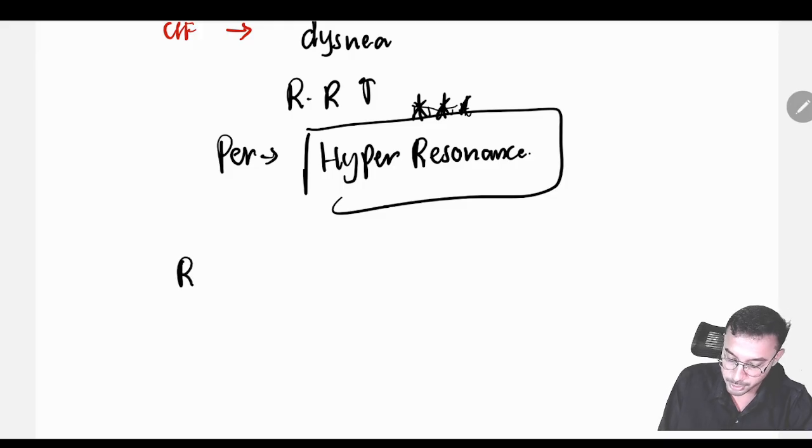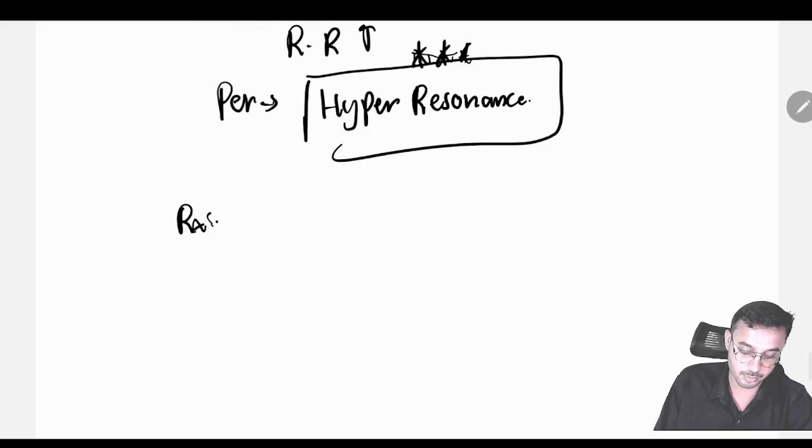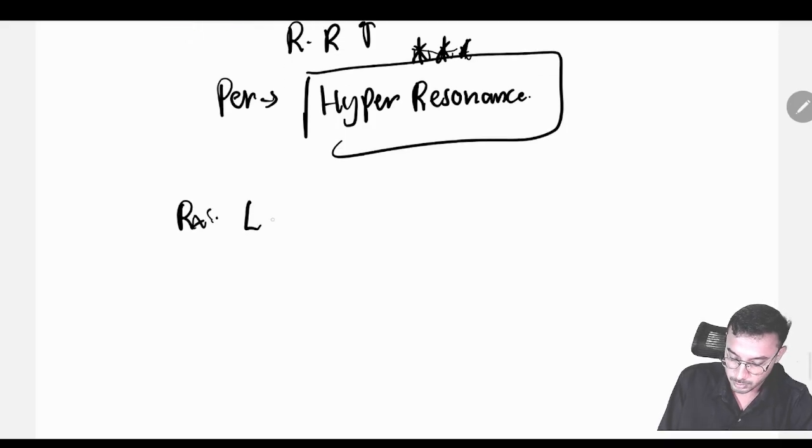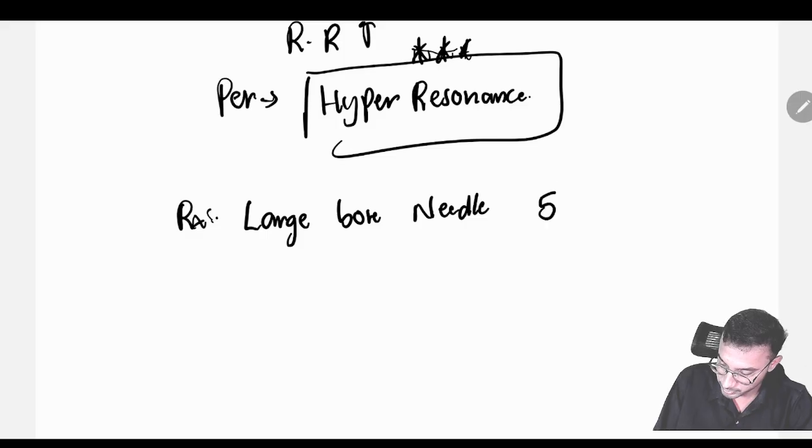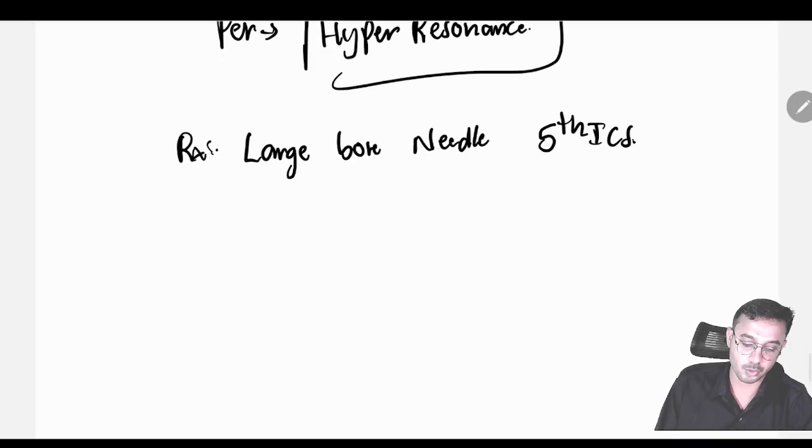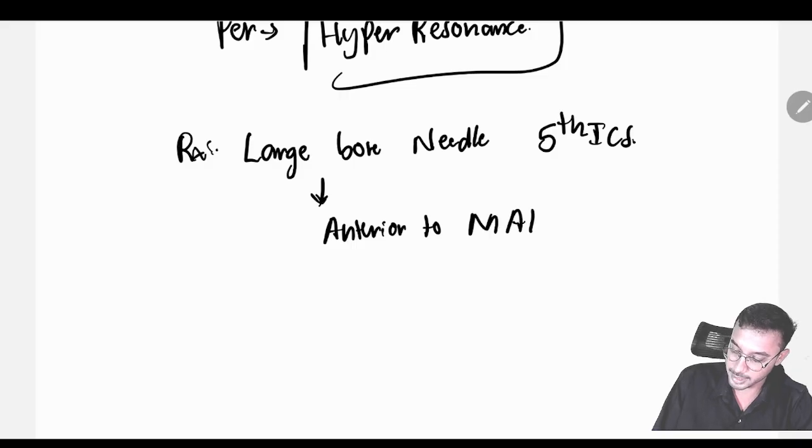And how do you treat? You put a large bore needle in the fifth intercostal space, anterior to the mid axillary line.